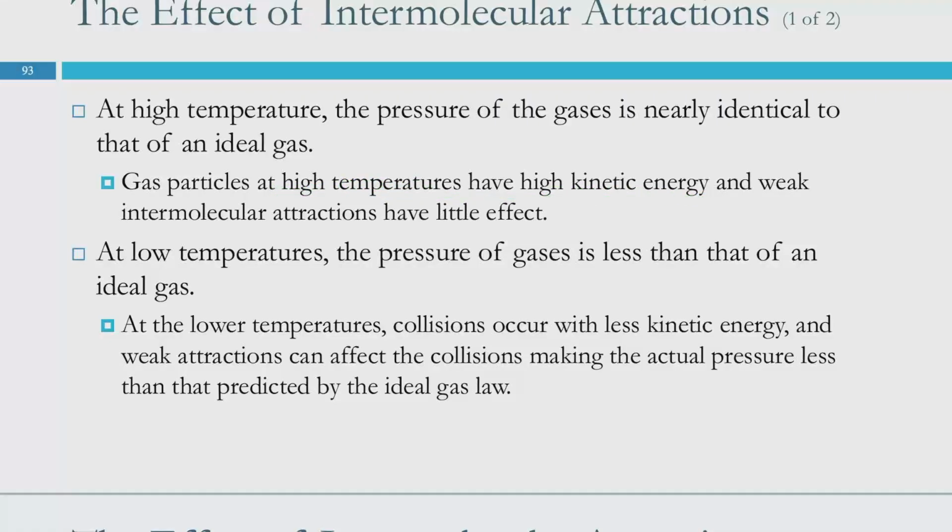Our particles have a lot of energy, and so when they're colliding with each other, they're going to bounce off very quickly. They have relatively weak intermolecular attractions because they're a little bit sticky, but they're hitting each other very, very hard, very quickly. They're moving and bouncing off very fast. So the intermolecular forces are negligible at high temperature.